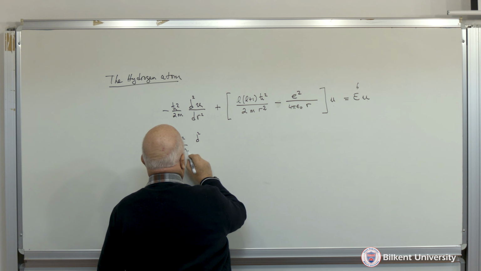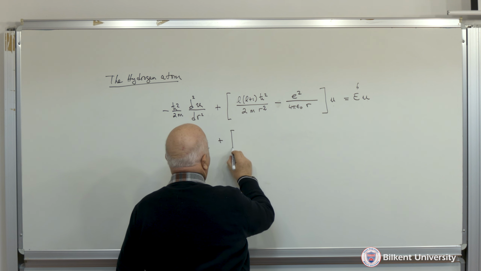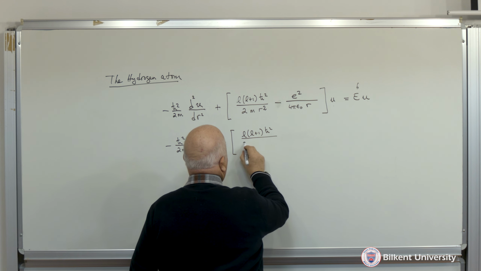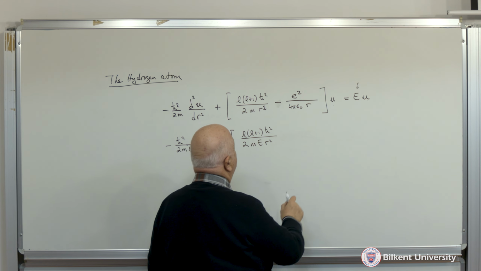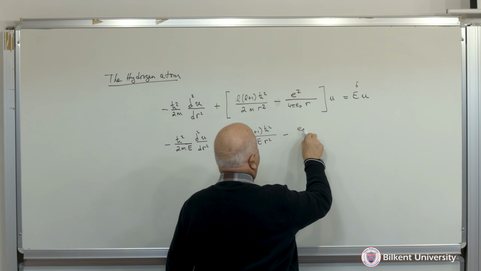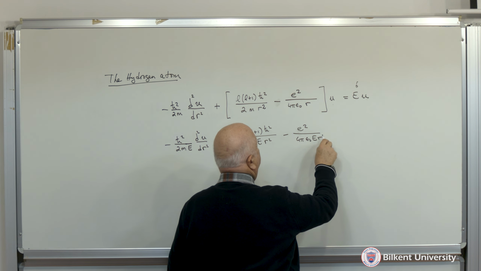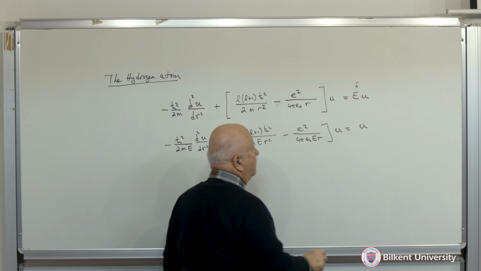So I'm dividing by E, so I get an E here. d squared u dr squared plus l(l+1) h bar squared over 2 m E r squared, minus e squared over 4 pi epsilon 0 E r, u is equal to u.